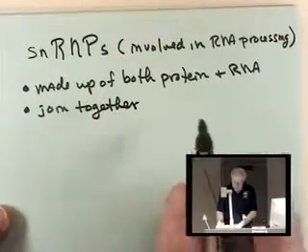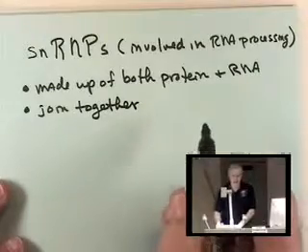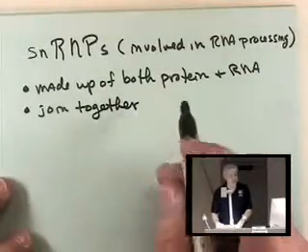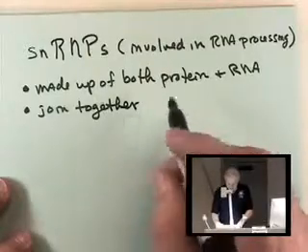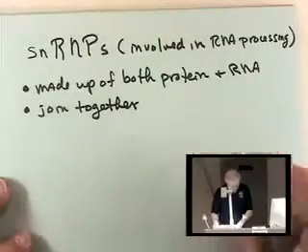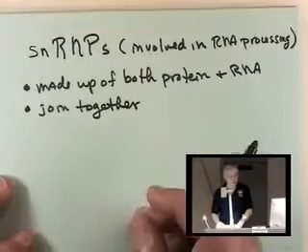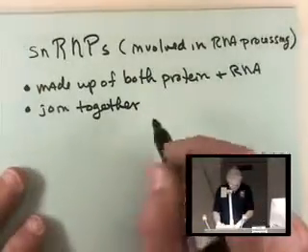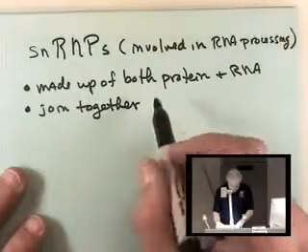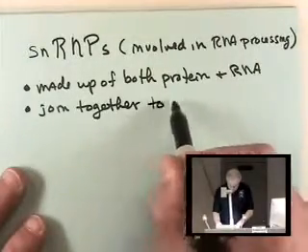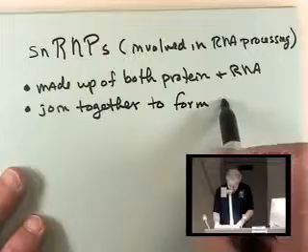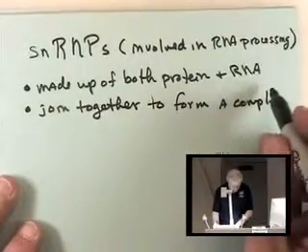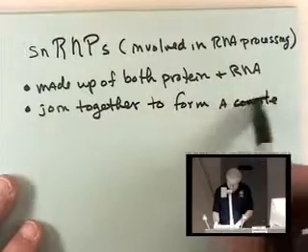So multiple SNRNPs get together at the junction of introns and exons to form this structure that's going to bring about the splicing out of the intron and reconnecting of the exons, as we'll see. So they join together to form a large structure.